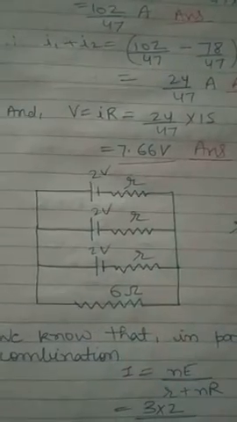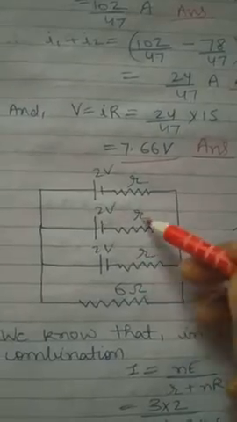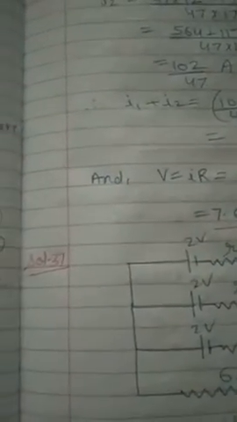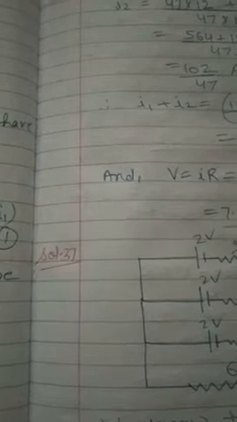Now this question is question number 37, and in this question 3 EMFs are given. They are connected in parallel with the external resistor of 6 ohm. Their internal resistance and EMF are the same. We have to find the value of R. So in this question it is given that the terminal potential difference across each cell is 1.5 volt.